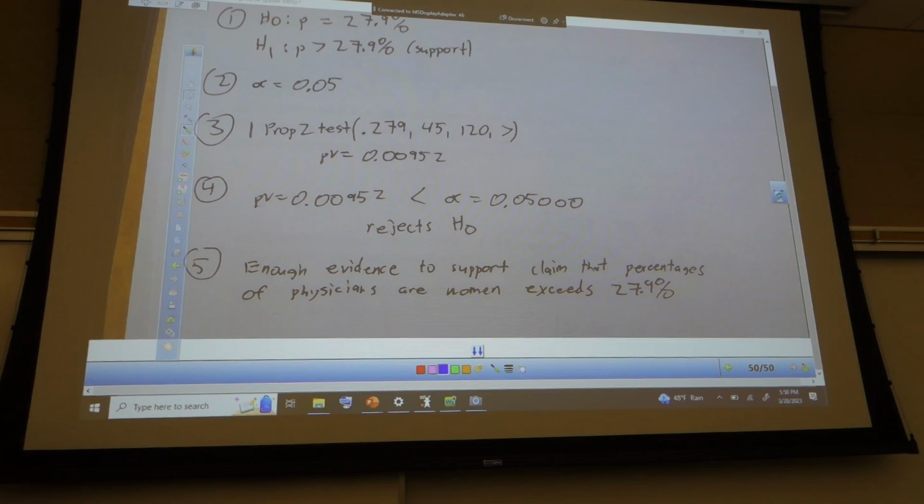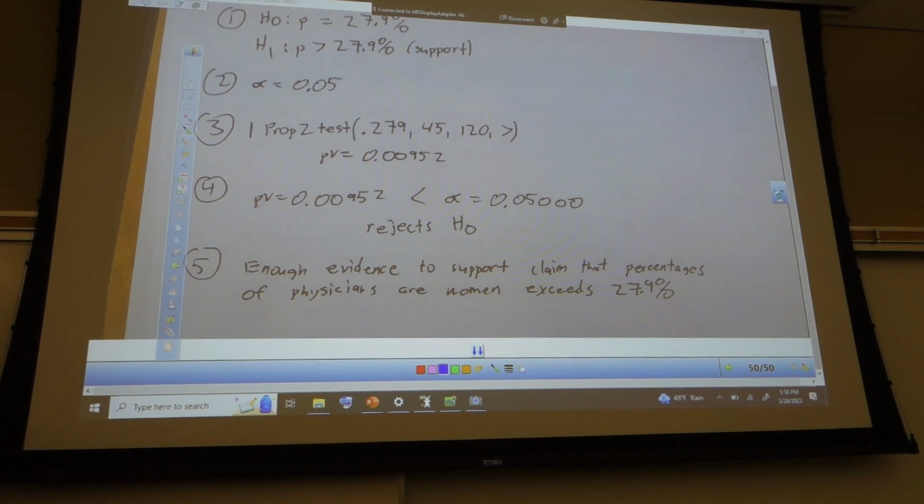You put that into one prop z-test and you end up with a p-value of 0.00952. Great, and then step 4. I compared the p-value with the alpha and I rejected the H naught. Perfect. And for number 5, I put there is enough evidence to support the claim that the percentage of physicians who are women exceeds 27.9%. Perfect.